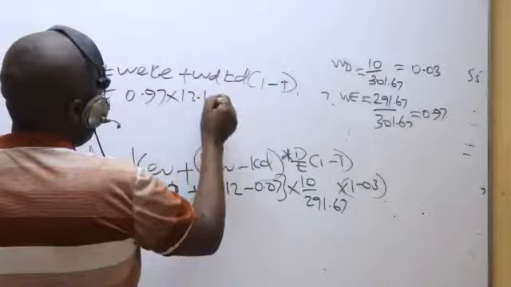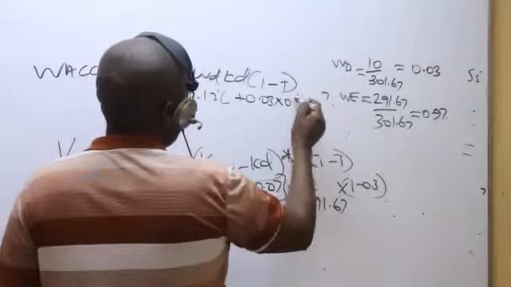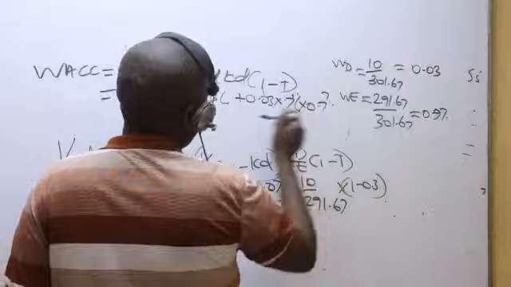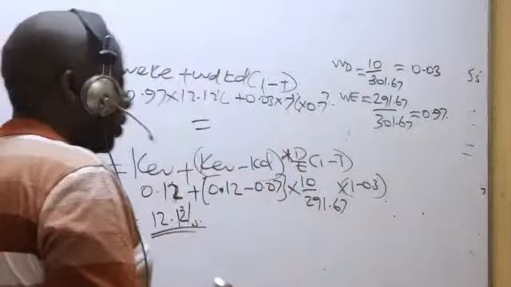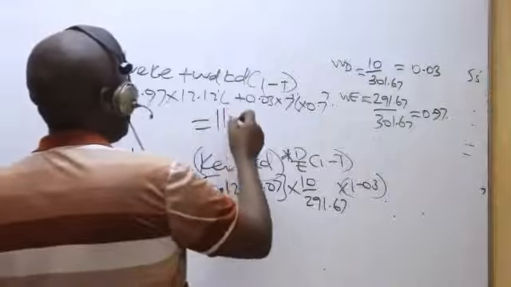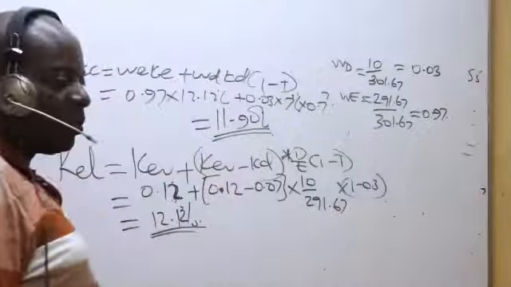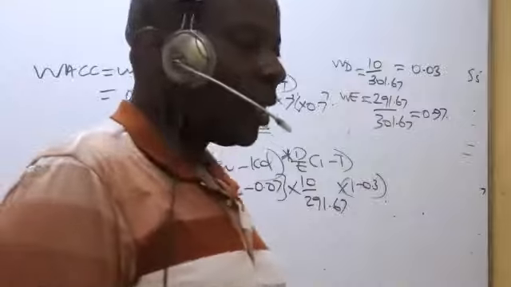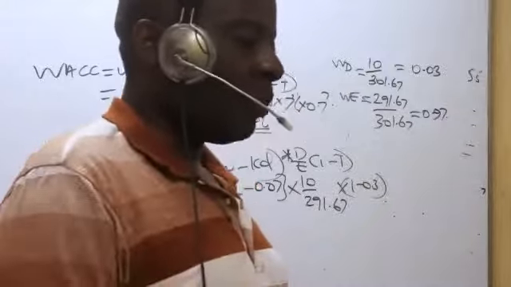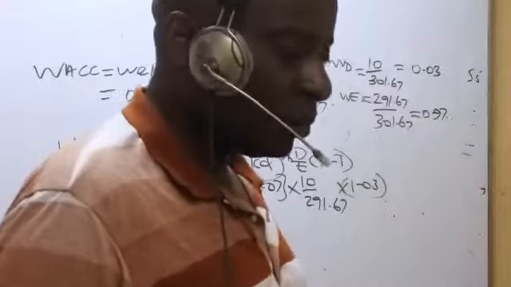The KL is 12.12%, plus 0.03 times Kd of 0.07, which is the same as 7%, times 0.7. Somebody tell me that our WACC is supposed to be 11.90. 11.90.